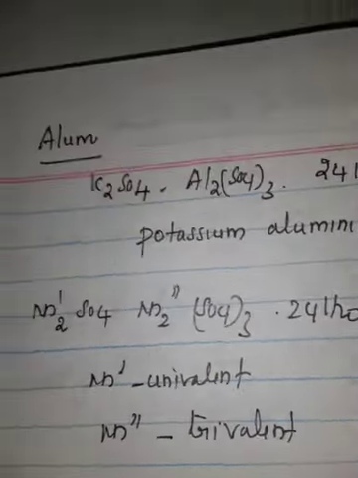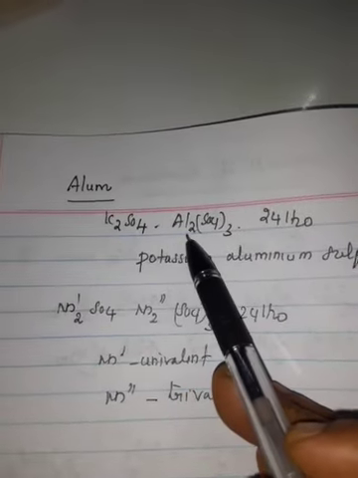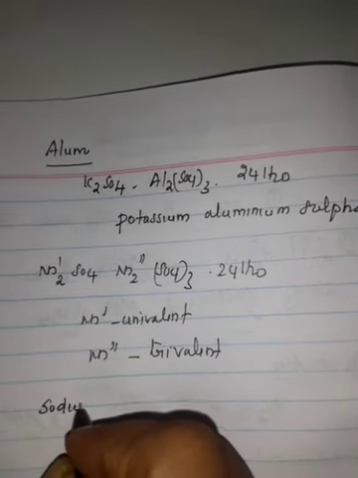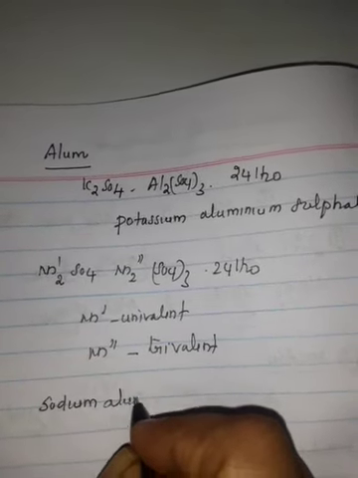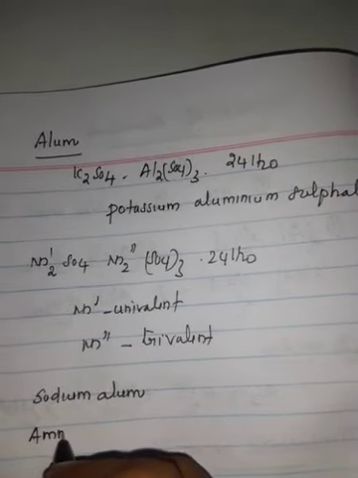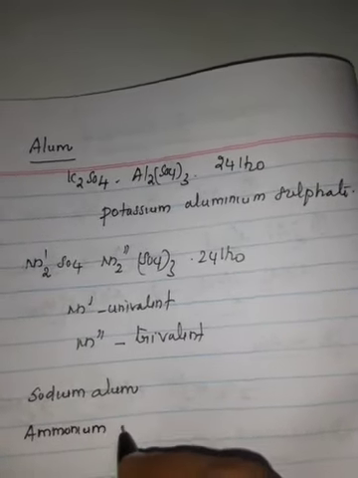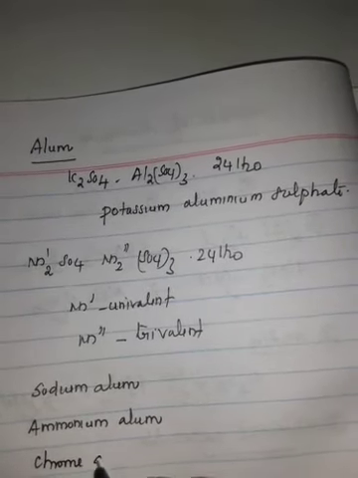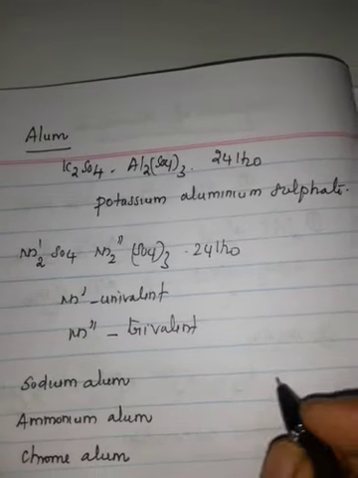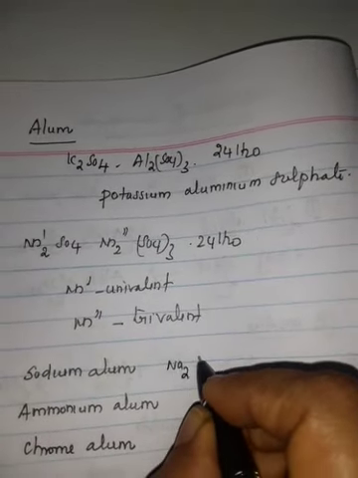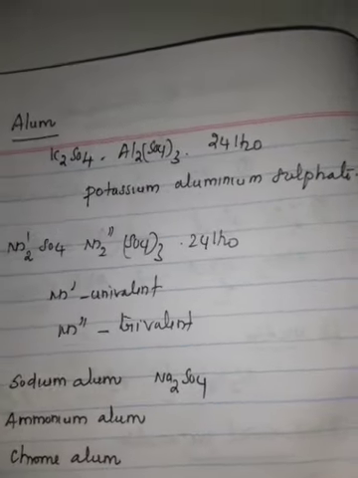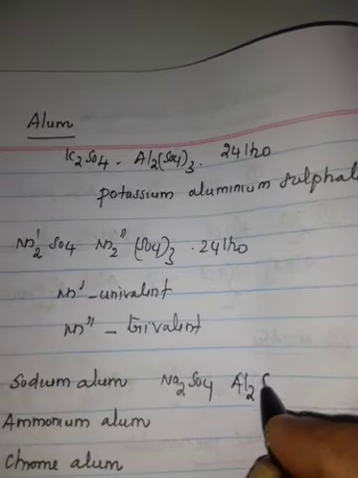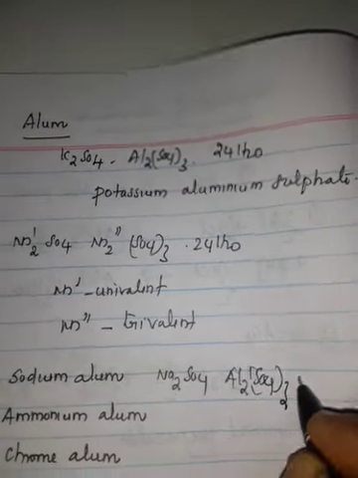Potash alum is one of the best examples: K2SO4, Al2(SO4)3, 24H2O. The others are sodium alum, ammonium alum and chrome alum. Formulas we can also write: sodium alum is Na2SO4, Al2(SO4)3, 24H2O.